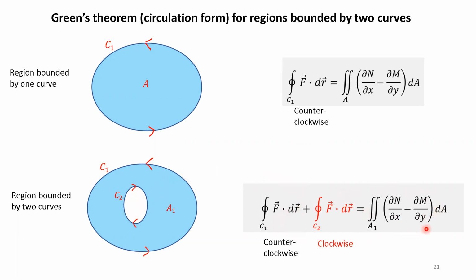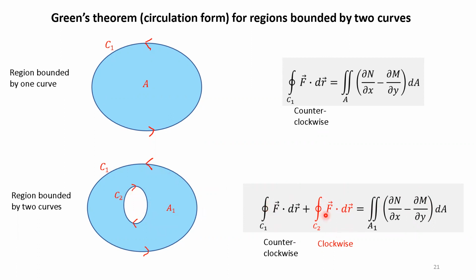In the original case, we just do this line integral, which is the left-hand side, and it equals this double integral, so we integrate this circulation density over the entire area. Here, if we have a hole in the region, the right-hand side is still the double integral over the region, but of course excluding the hole.